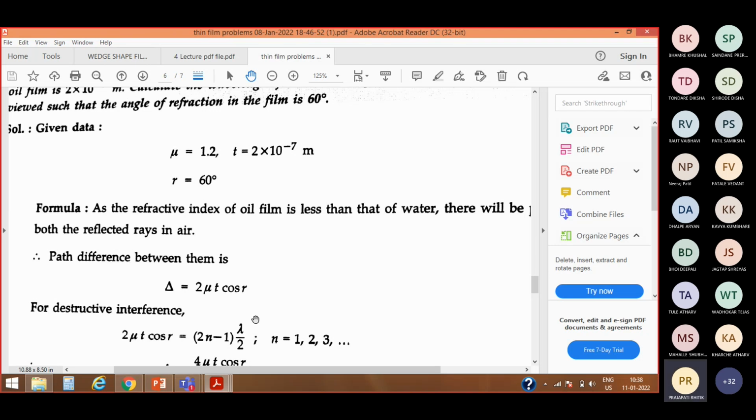r 35 डिग्री दिया है या नहीं? नहीं, इंसिडेंट है वो, एंगल ऑफ इंसिडेंस 35 है.